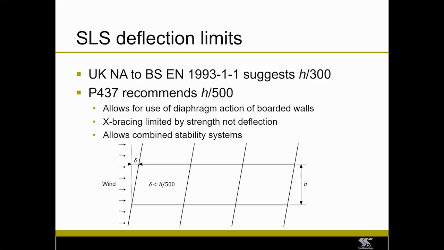And then also, because we've taken a stricter deflection limit, it also allows for the combination of different types of stability systems more readily. So where we might be combining the racking resistance of sheathing board on the external walls, and internal walls have X bracing, if we stick to this H/500 limit, then it's more conducive to actually using a combination of systems.